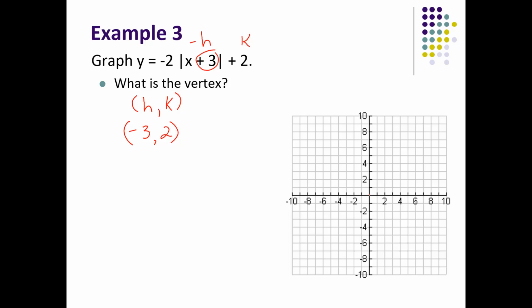Let's start from the center and go 3 to the left: 1, 2, 3. Don't place your point here because we have to go up 2. This right here is our vertex.